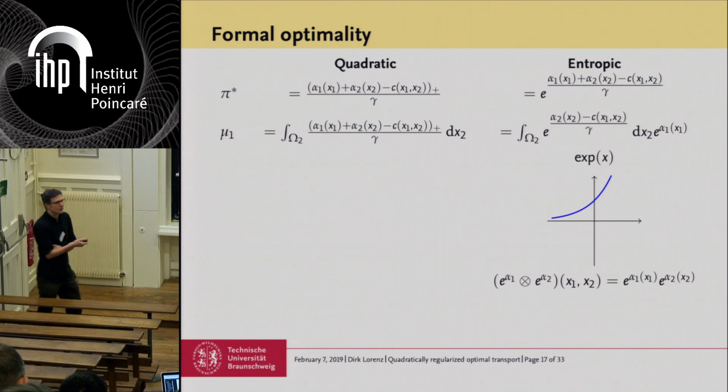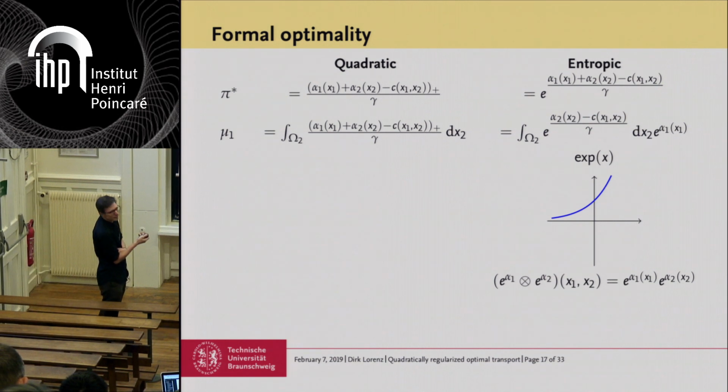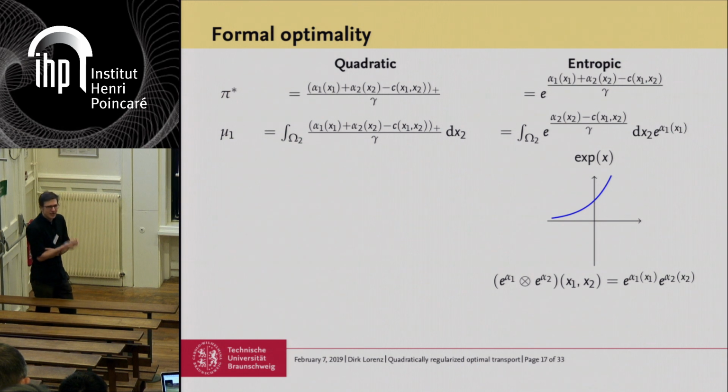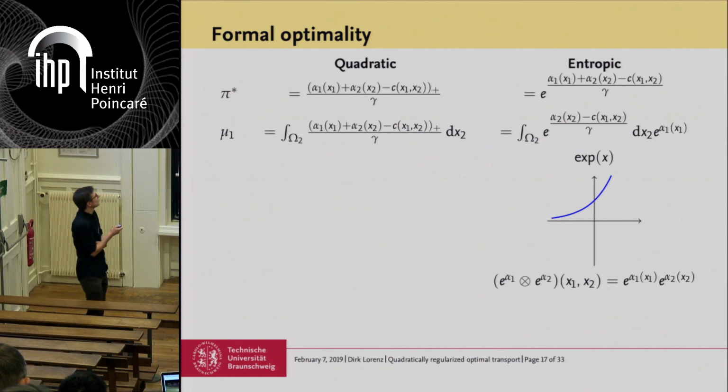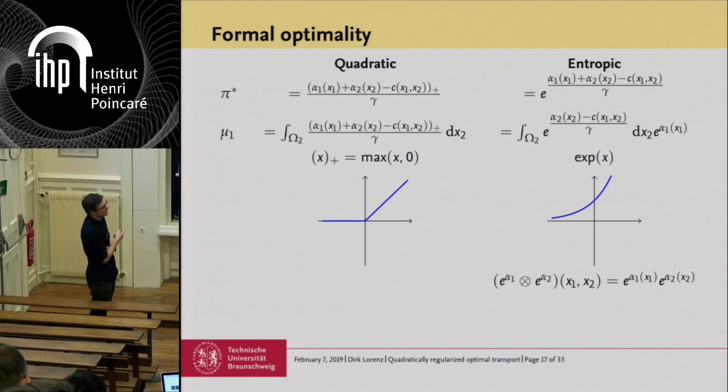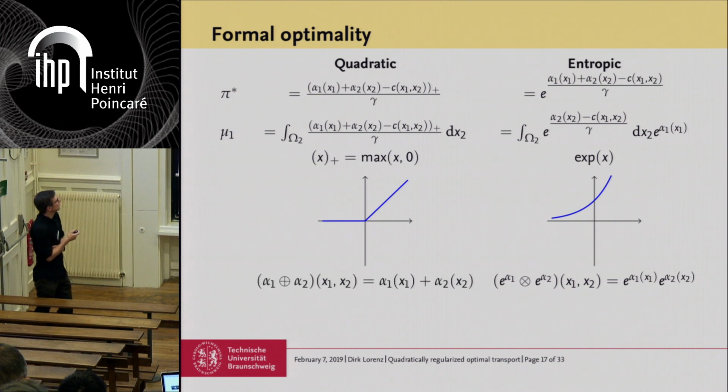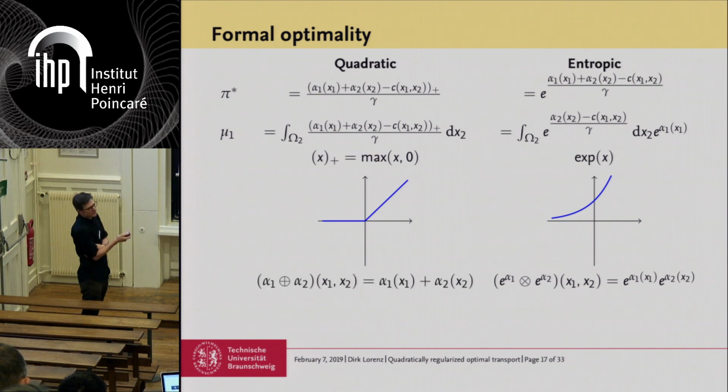It's not possible anymore. So on the right-hand side in the entropic column, you can just move e to the alpha 1 out of the integral because it appears multiplicatively. But now it's inside this positive part, and you cannot pull it out anymore. So basically, you have to replace this x by this max function, and it looks like this. Somehow it's simpler, but somehow it's more complicated.